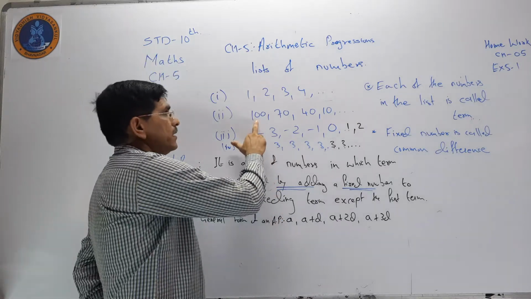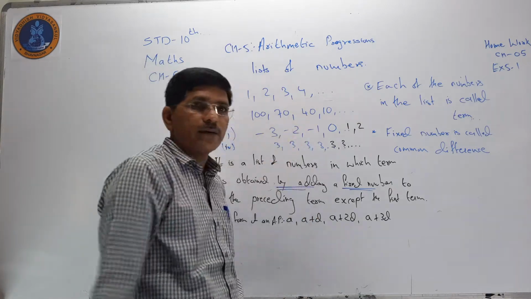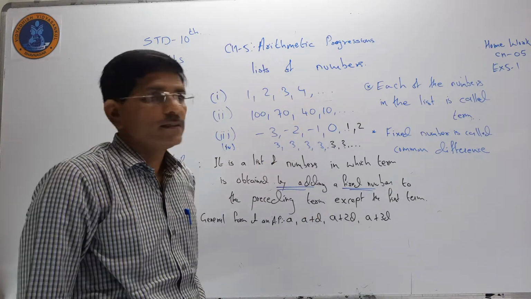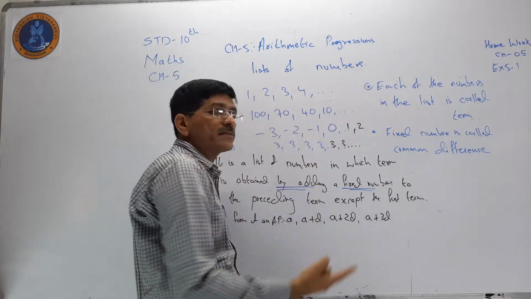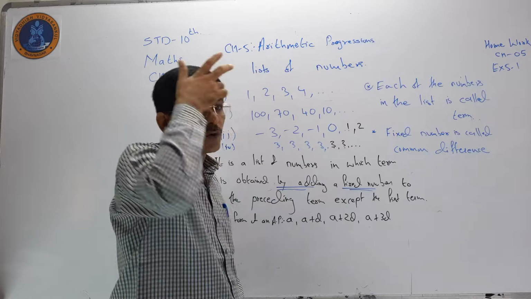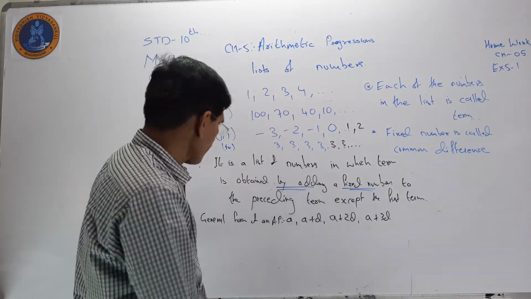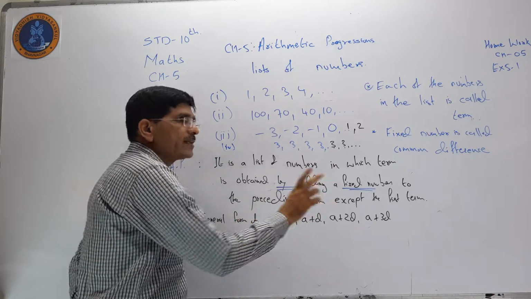Here 100, 70, 40, 10. So 100 minus 30 is 70, 70 minus 30 is 40, 40 minus 30 is 10. So minus 30 is the fixed number added to the preceding term.